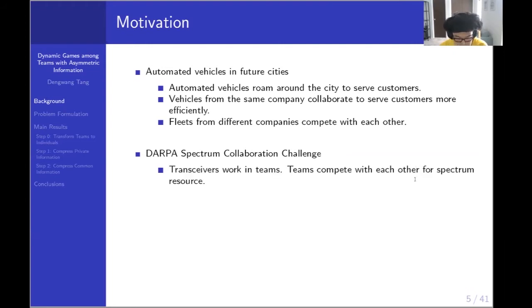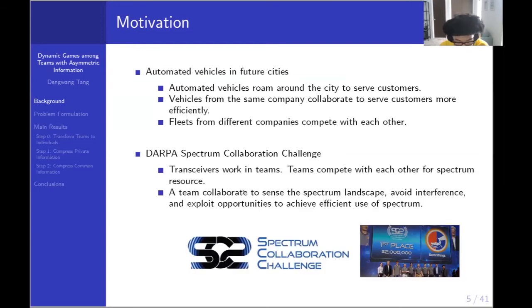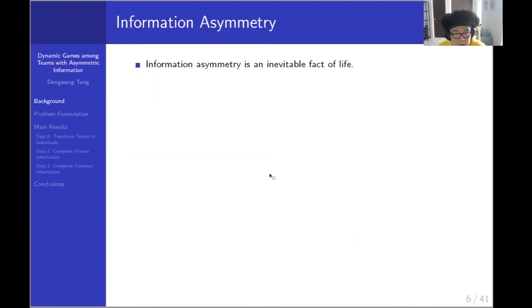So people are encouraged to develop transceivers work in teams, and teams compete with each other for spectrum resource, and the teams develop joint strategies to sense the spectrum landscape, avoid interference, and exploit opportunities to achieve efficient use of spectrum, and teams compete with each other for spectrum resource.